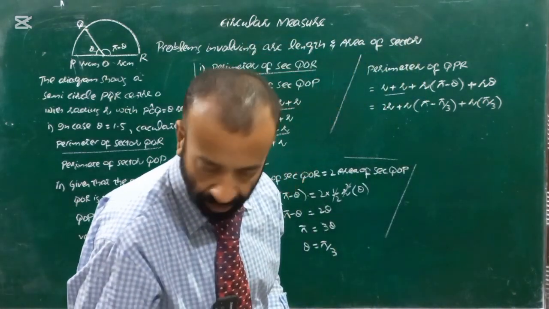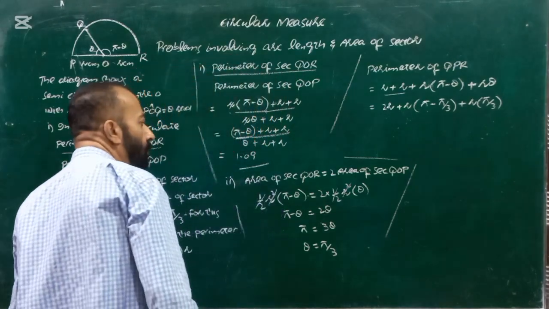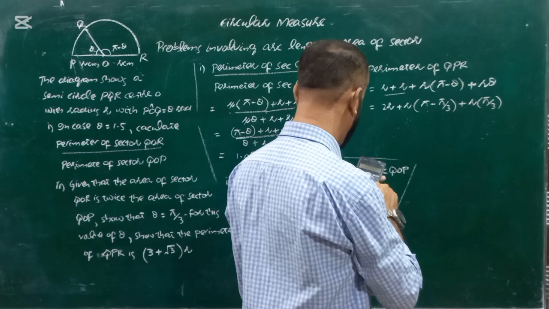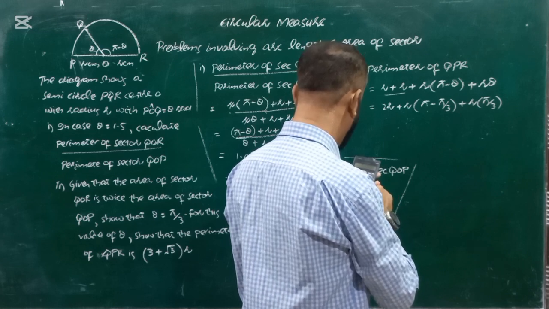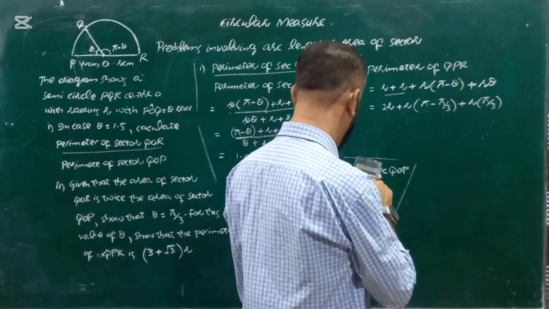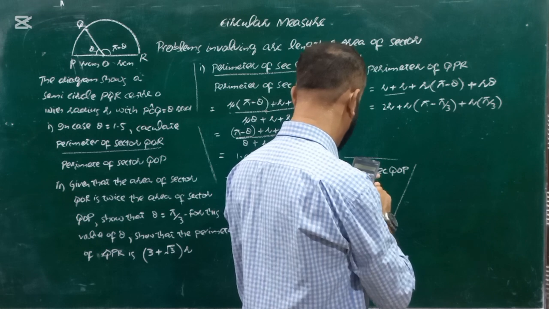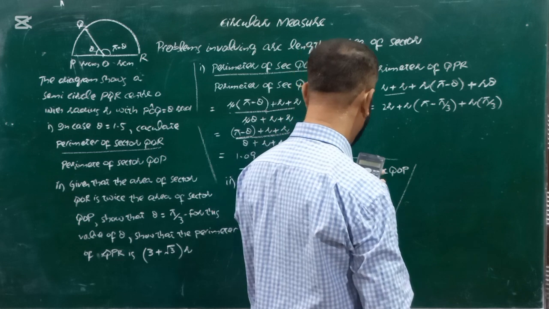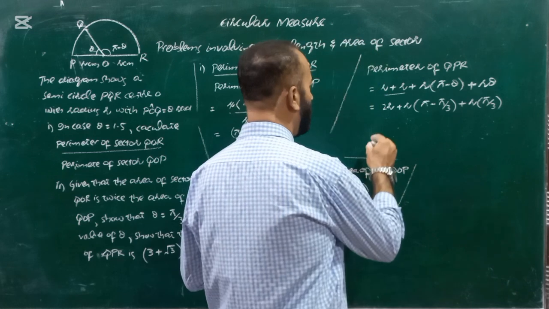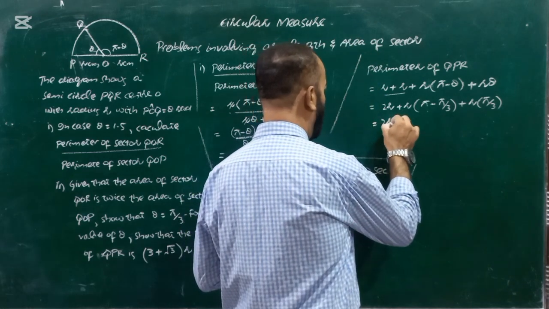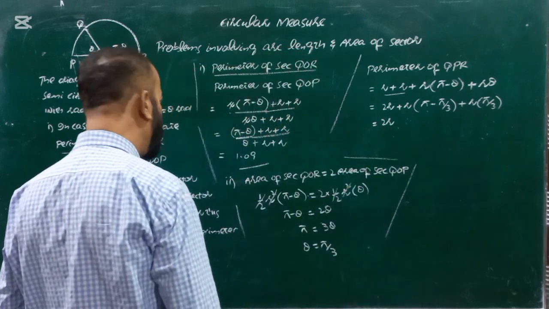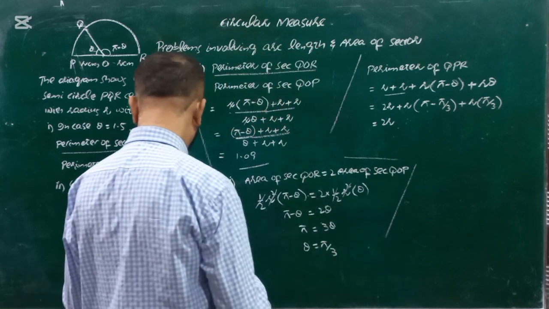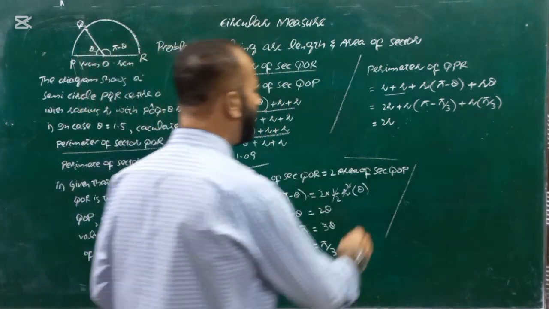Okay, now solving it, pi minus pi by 3 will be equal to 2.09. So 2R, okay, the requirement is in terms of square root, so we will not solve it.